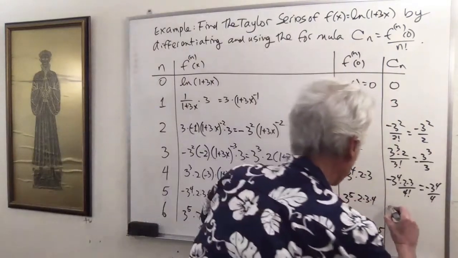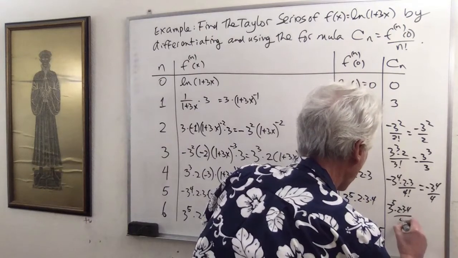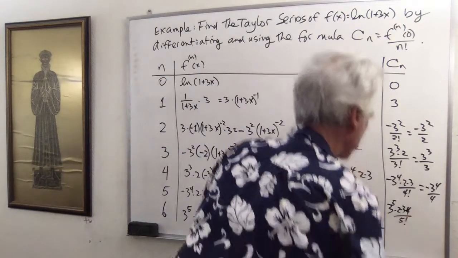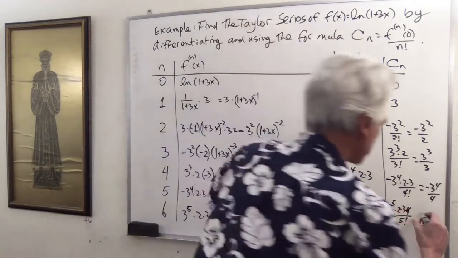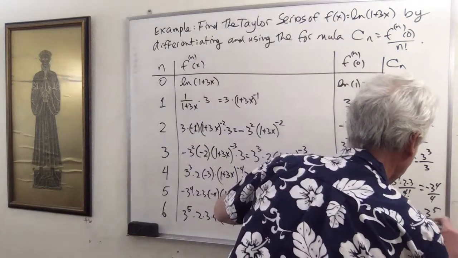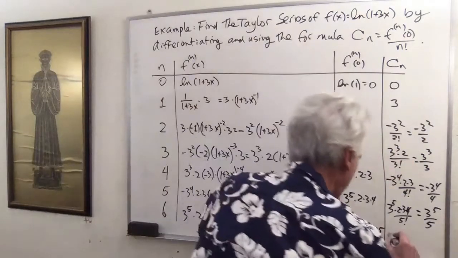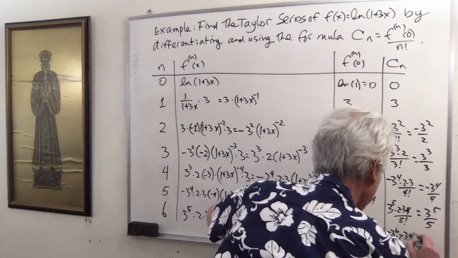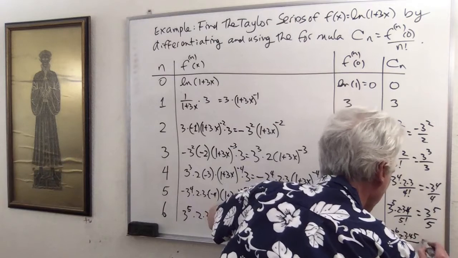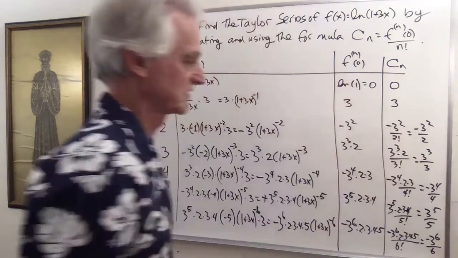And then I get plus 3 to the 5th times 2 times 3 times 4 all over 5 factorial. 5 factorial is 2 times 3 times 4 times 5, so I'm just left with 3 to the 5th over 5. For this one, I get minus 3 to the 6 times 2 times 3 times 4 times 5 over 6 factorial, which is just minus 3 to the 6 over 6.